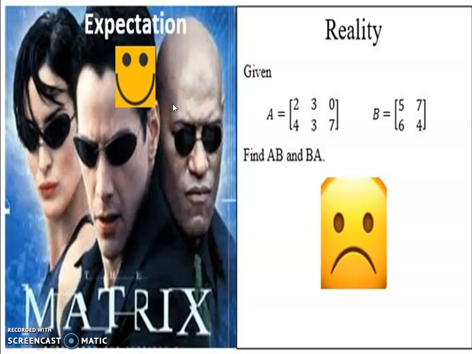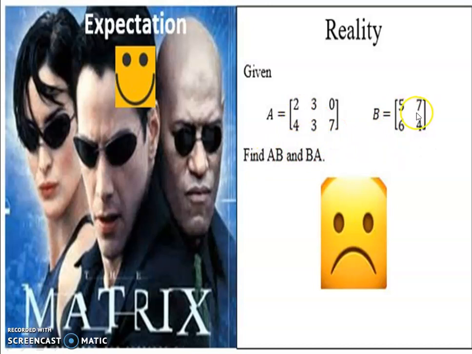Now in a Hollywood movie, you see the expectation of the Matrix. In this diagram we see superheroes, whose abilities are considered to be the power of their brain. But the reality is that in matrices we study, for example, A as the 2 by 3 matrix 2 3 0, 4 3 7, and B as the matrix 5 7, 6 4.